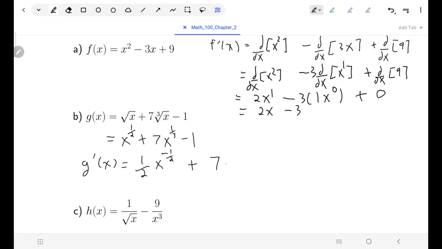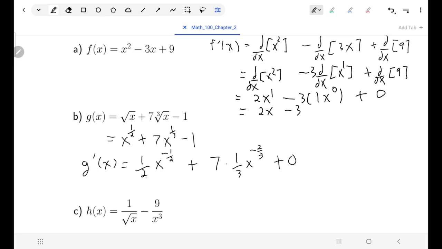Power rule says that the power would come down and that I would reduce the power by 1. 1/3 minus 1, that's negative 2/3. And then for the last term, minus 1, the derivative of a constant is 0.